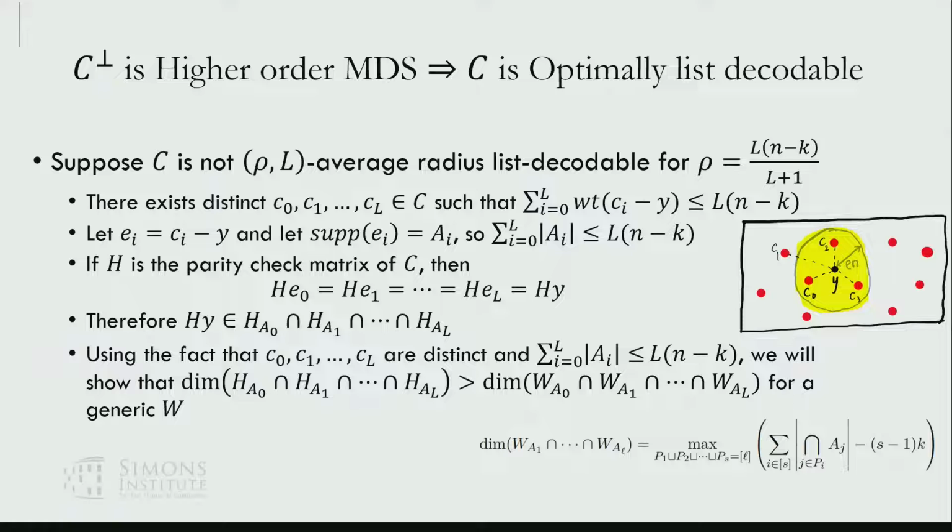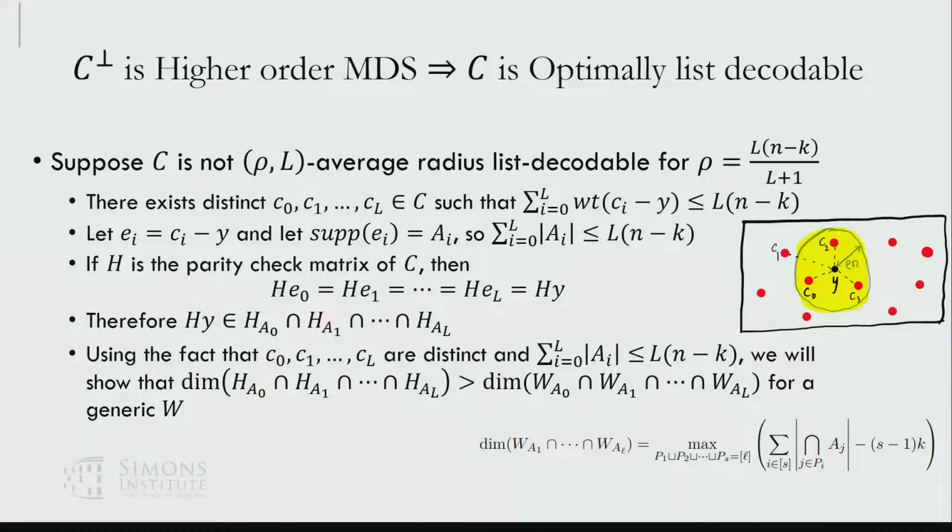And this quantity is attained for some partition, and this partition cannot be the trivial partition where each index is in a different part. That's because when I take each part to be separate, this quantity is at most 0. Therefore it has to be a non-trivial partition which gives me this dimension.